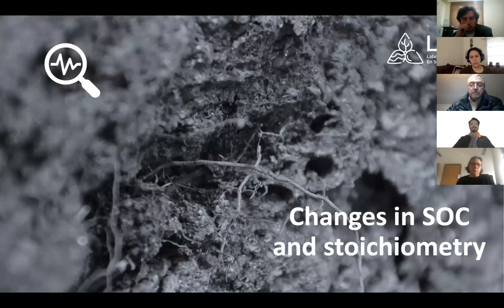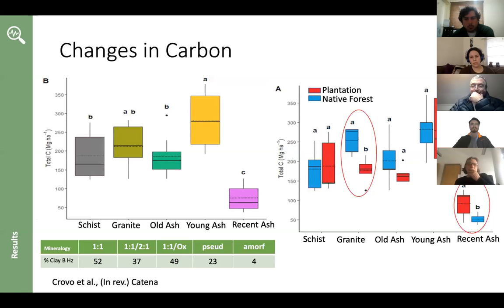So now, let's look at what this talk is mostly about: carbon stocks and stoichiometry. Here are the changes in carbon. The sites are different from each other, obviously. As soils are different, the carbon content in them is different too.